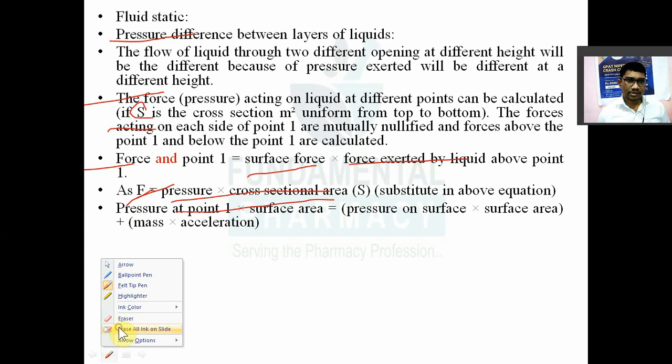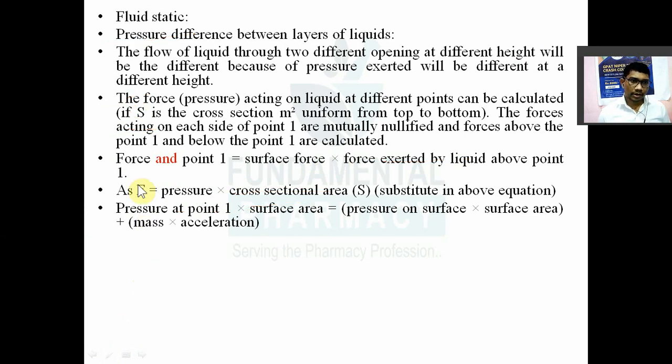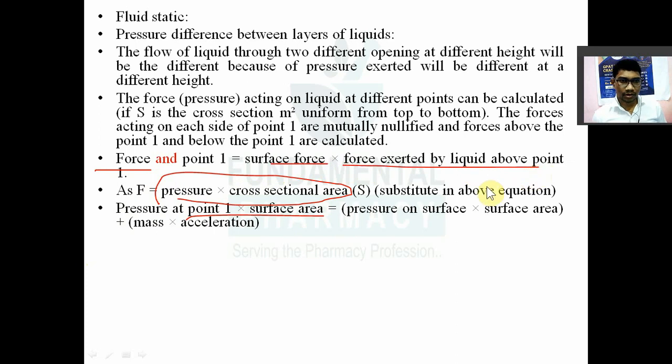So if you replace the force term, अगर आपने ये force term replace किया किससे, force is equal to pressure into cross sectional area, force की जगह ये दोनों आएगा, ठीक है. So force at point 1 मतलब pressure into cross sectional area at point 1, ठीक है, is equal to the surface force plus the force exerted by the liquid above point 1.